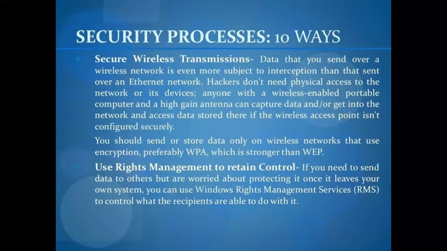Then, secure wireless transmission. Data sent over a wireless network is more subject to interception than data sent over an Ethernet network. Hackers don't need physical access to the network devices. Anyone with a wireless-enabled portable computer and a high gain antenna can capture the data and get into the network and access the stored data if the wireless access point isn't configured securely.